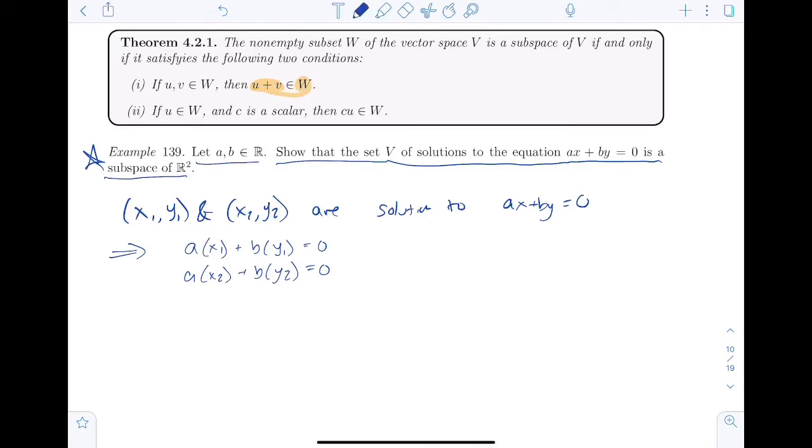Meaning, if I take x1, y1 and add it to x2, y2, then I want to know if this thing is still a solution. This is a subspace of R2, with the usual addition operations.